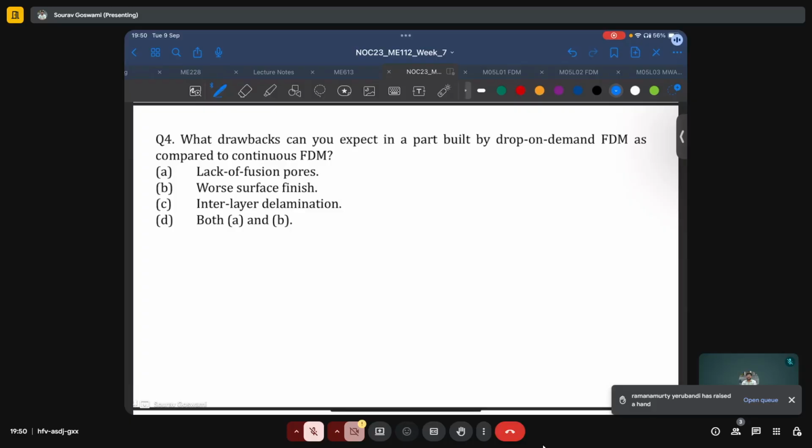Question 4 is asking us, what drawbacks can you expect in a part built by drop-on-demand fused deposition modeling as compared to continuous fused deposition modeling? And let us just draw a quick sketch here.